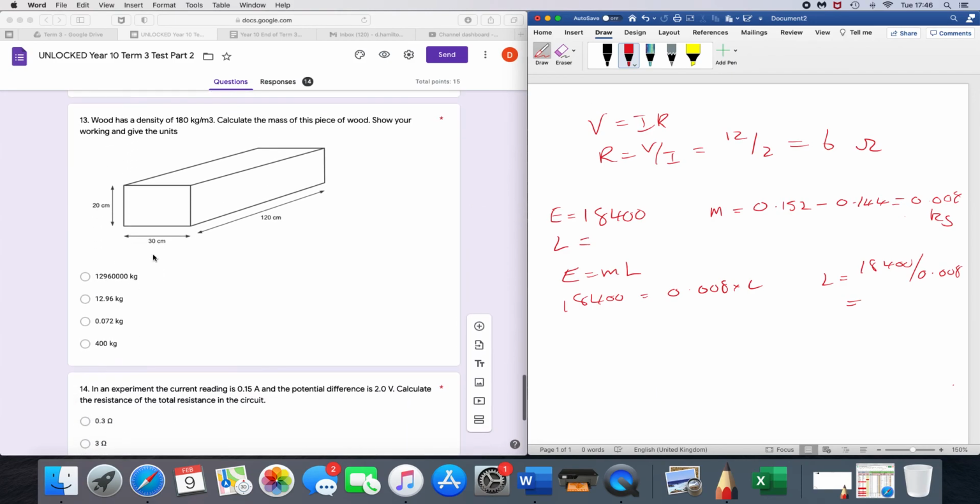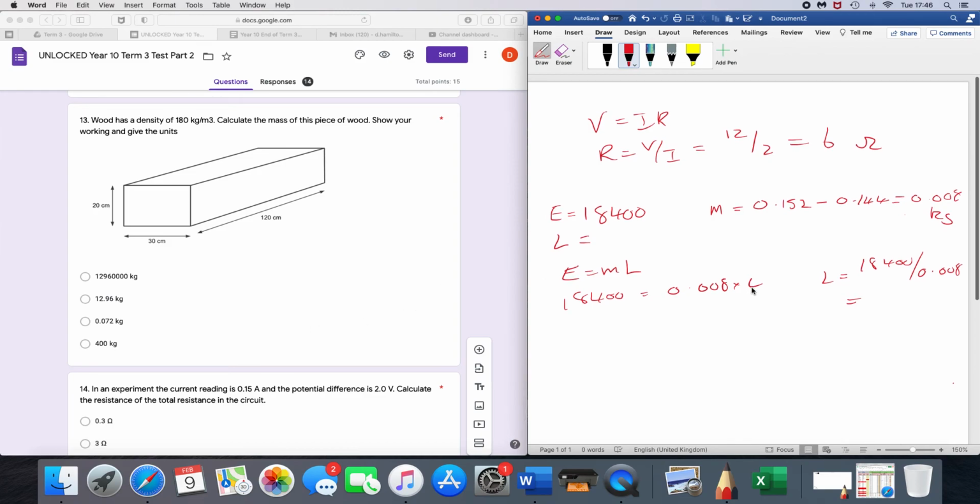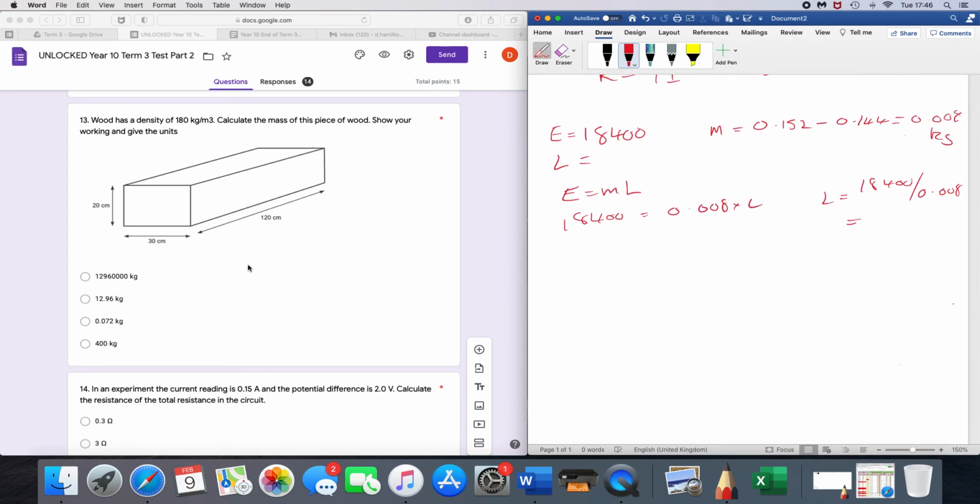Question 13. Wood has a density of 180 kilograms per meter cubed. We want to know the mass. We know that density is mass divided by volume, and the volume is the length, and we want this in meters, so 0.2 times the width, 0.3, times the height, 1.2 meters.